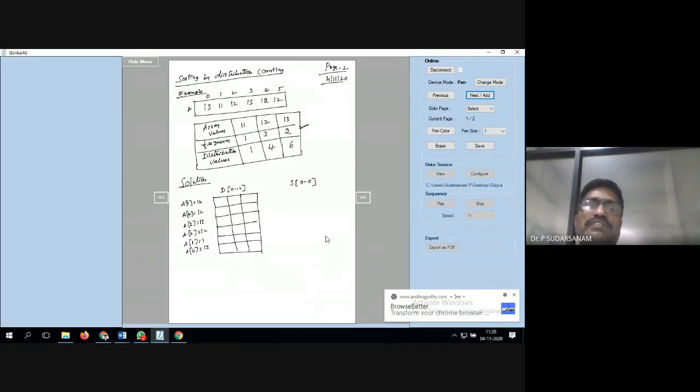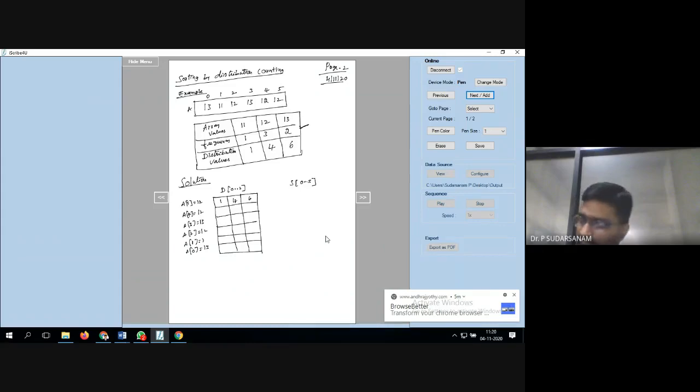Distribution values in the given table, they have given 1, 4, 6. Write it 1, 4, 6. Now the given table S values, that is nothing but the output values. Now write how many locations are there? 0 to 5 locations.